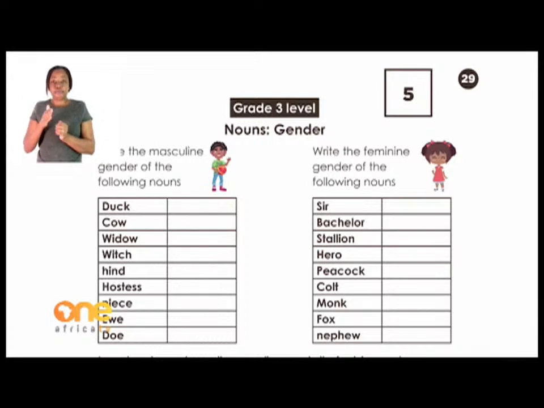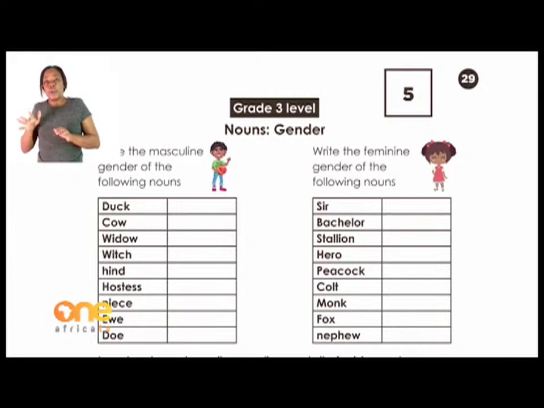The next block also, they have given us the male side, and now we are looking for the female side. They've given us the boy side, and we want the girl side. How do we call them on the girl side? The feminine. Sir. Sir is a male. It's a boy side. It's a man, a big man.